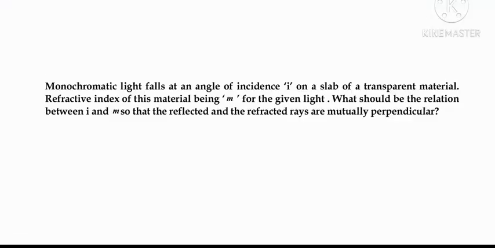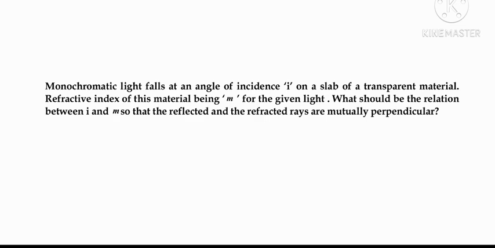Next, question number 12. Monochromatic light falls at an angle of incidence I on a slab of transparent material. Refractive index of this material being m for a given light, what should be the relation between I and m so that the reflected and the refracted rays are mutually perpendicular? Here the refractive index of the material is m, we can take mu also, no problem.